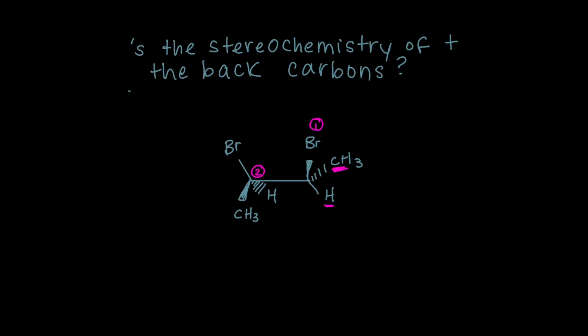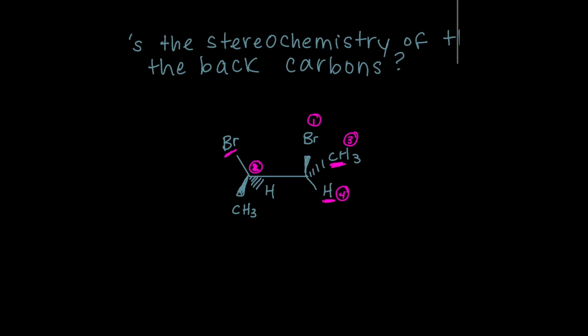Because this is in the back over here, and it's not going to be this. So the fourth thing that this is connected to is this carbon over here. And since this carbon's connected to this, it's obviously going to be second. Then we're going to have this in the back, the methyl group, be third. Then we're going to have this hydrogen be fourth.